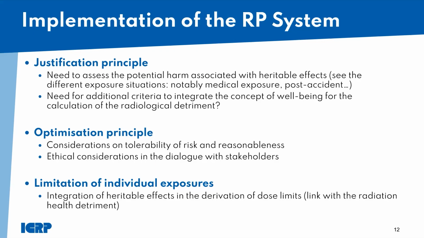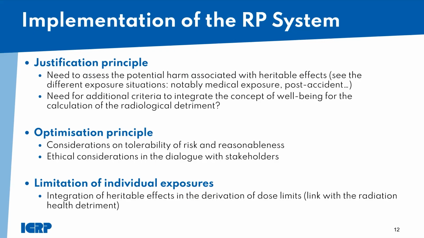And if we embark some societal consideration when we discuss the benefit and the harm associated with different activity or different exposure situation. In the optimization principle, of course, we may have consideration on tolerability and reasonableness.